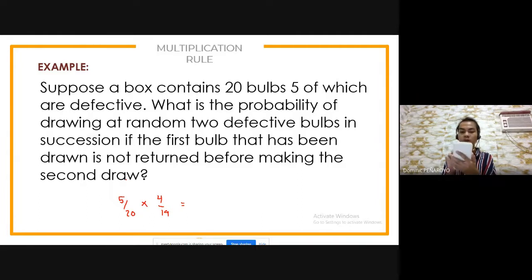So, that's 5 over 20 times 4 over 19. So, the probability of drawing at random 2 defective bulbs in succession if the first bulb that has been drawn is not returned before making the second draw is 1 over 19.